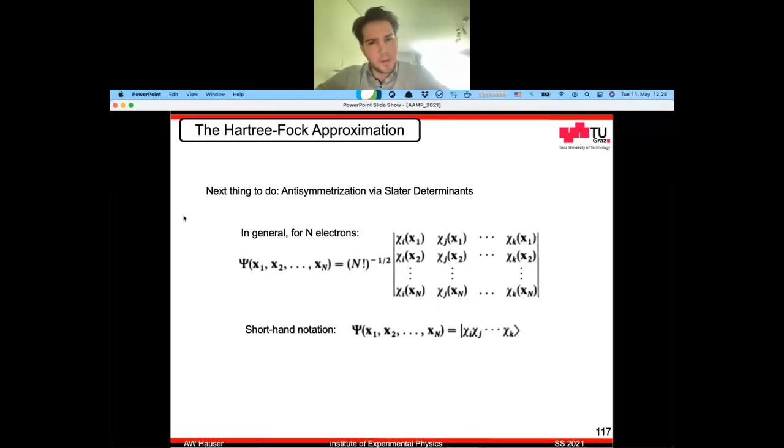Okay, so using this nomenclature, we are writing now x1 and x2, denoting the combined spatial coordinates of electron 1 plus its spin. This is a convention of Szabo and Ostlund.